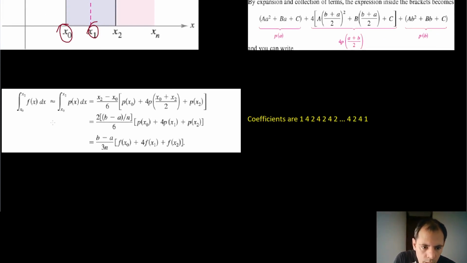Okay, so let me try to explain this part, and then I'm gonna explain where these coefficients come from, but it's just a pattern. Okay, so you have the integral here of f of x from x0 to x2. You see that it's not from a to b in all of it.